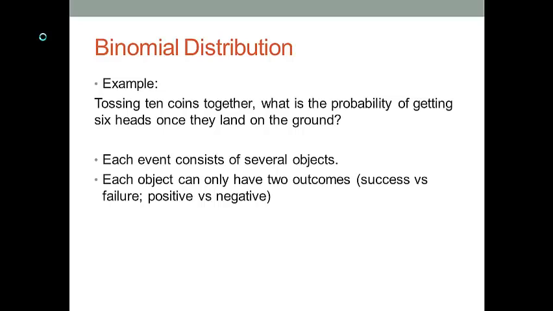This group consists of several objects: a group of coins, a group of customers, a group of students, and so on. Each object in this group can only have 2 outcomes: either a head or a tail, either a success or a failure, either a positive outcome or a negative outcome.